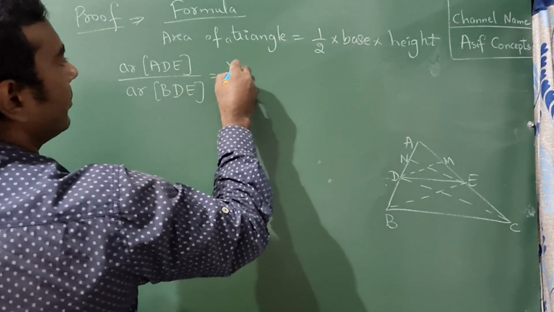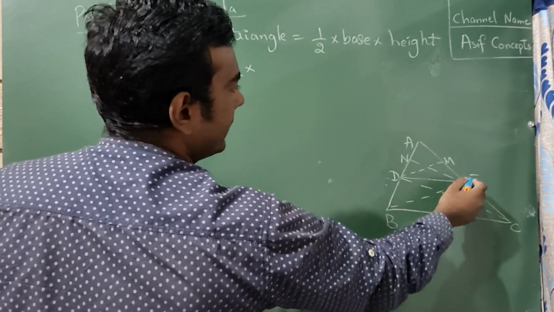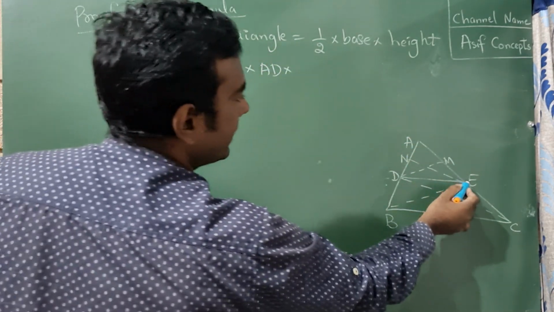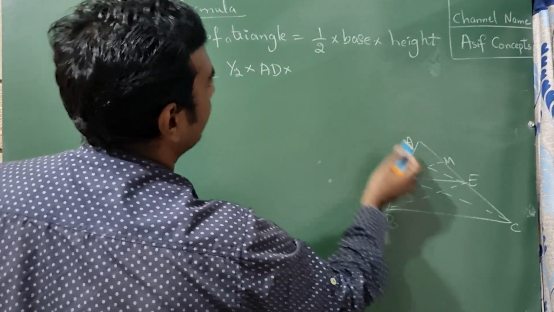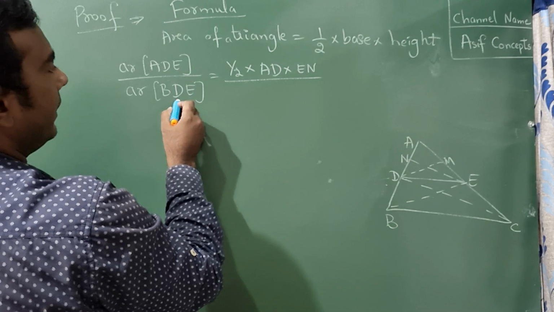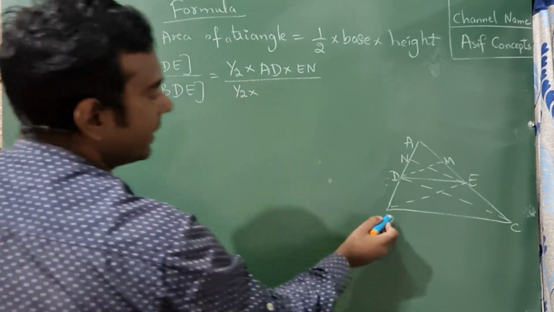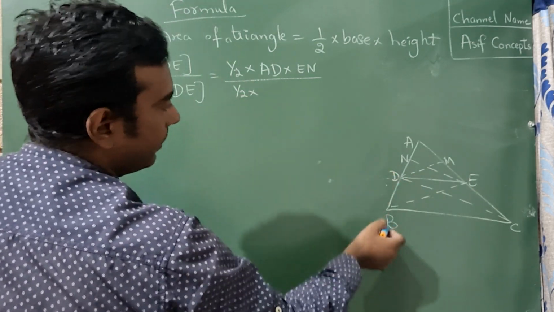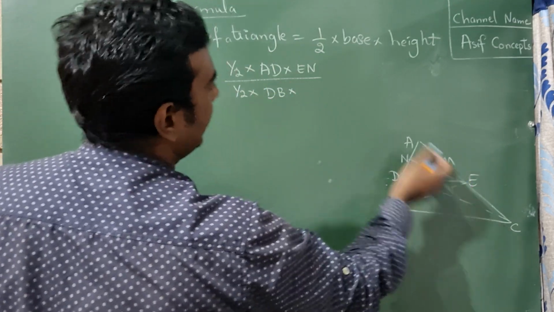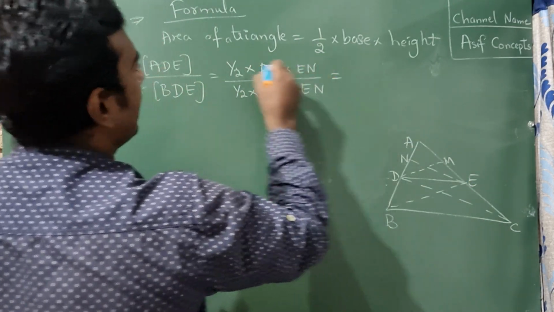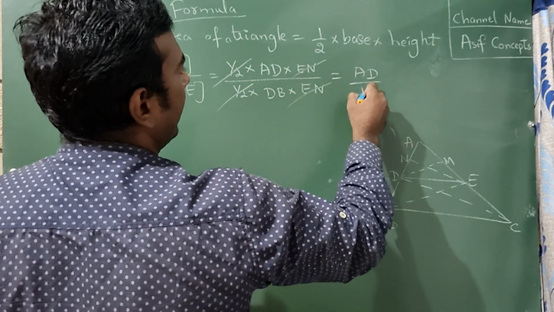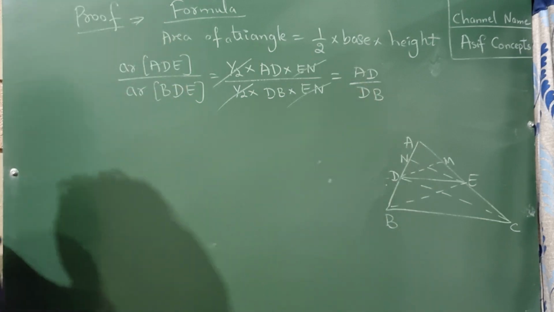First I am going to write half. Now if I consider this triangle, the base will be AD and height is EN. So I am going to write EN. Again here in triangle BDE, half, the base will be DB. Height will remain same, that is EN. Half and half get cancelled, EN and EN get cancelled. So what is remaining? AD by DB.